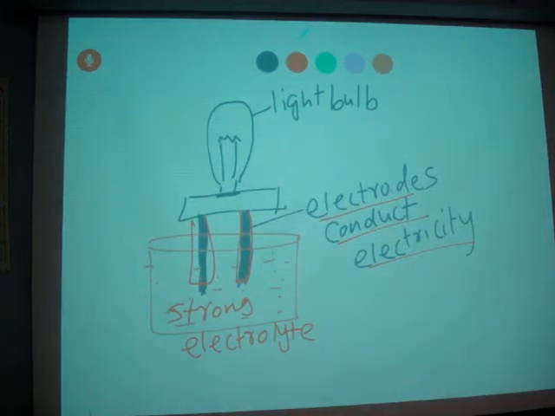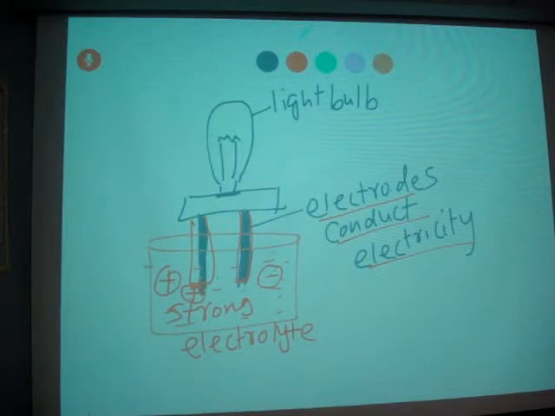What happens? The positive and negative charges in this solution pass through the electrodes, and when they do, they brighten the light bulb.